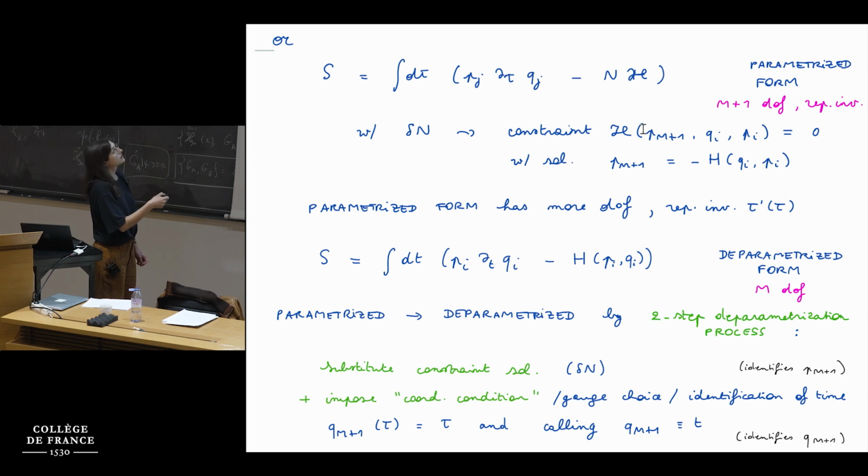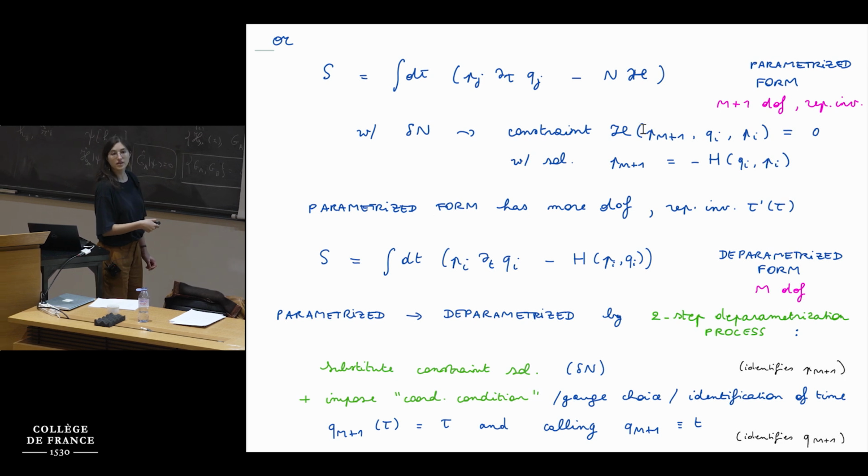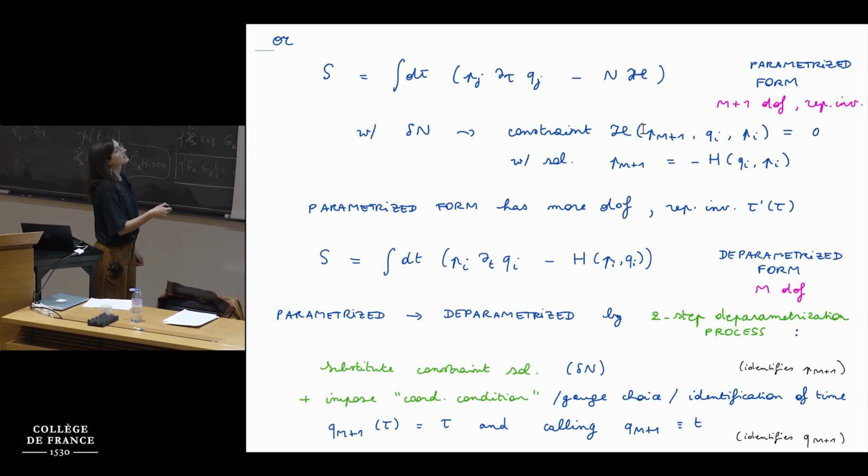In this line, the point is that q_{m+1} of tau, this function, is undetermined. It's equally undetermined as the Lagrange multiplier, and so we can choose it. You can make a particular choice, and that's called a coordinate condition, and call that choice time.